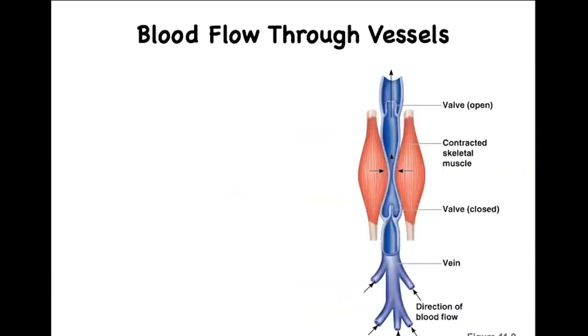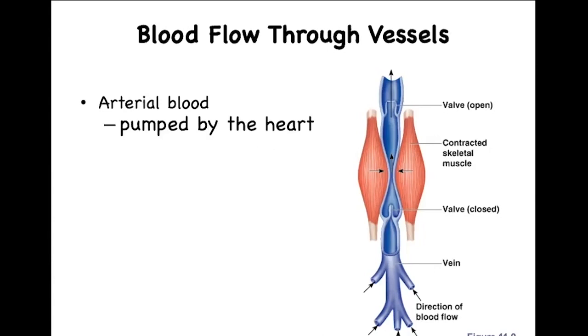Let's look at blood flow through the vessels. In the arteries, the pressure gradient is about 60 millimeters of mercury. And that is due to the fact that the arteries are closer to the pump, your heart. But by the time you get to the veins, the blood pressure gradient has dropped to about 15 millimeters of mercury. Recall that in the capillaries at the arterial end, the blood pressure was 35 millimeters of mercury.